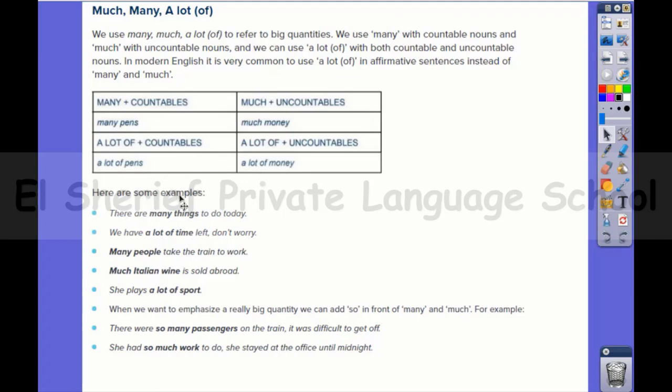Here are some examples. There are many things to do today, so things is a plural noun. We have a lot of time left, don't worry. Time is an uncountable noun. Many people, persons, this is a plural noun. Take the train to work.